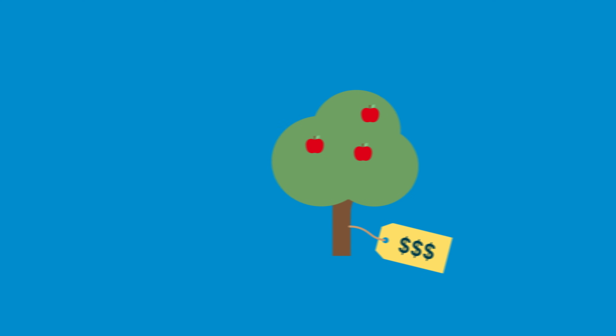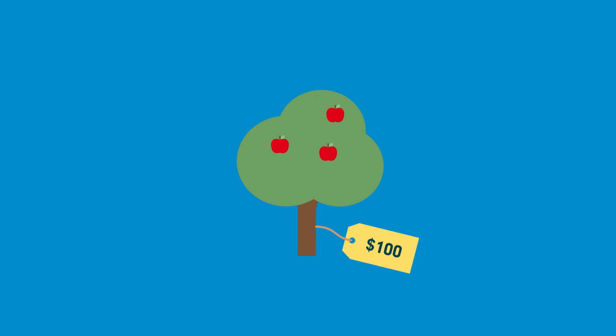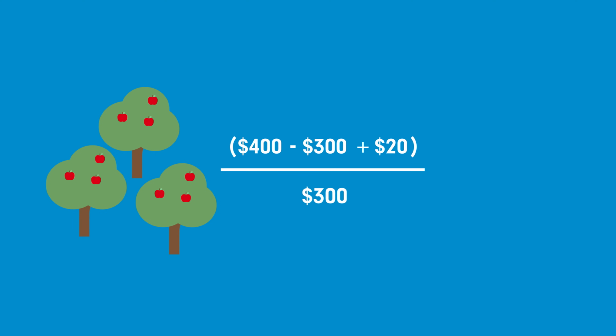Let's say each apple tree is originally worth $100 and increases in value to $133.33. To calculate portfolio return, you would take the current value of your 3 trees, $400, subtract the original value, $300, and add whatever apples have grown, let's say $20 worth, and then divide it by the initial value, $300.